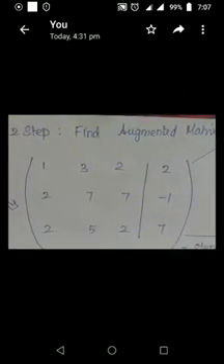Now we subtract from row 2. Row 2 is 2, 7, 7, minus 1.